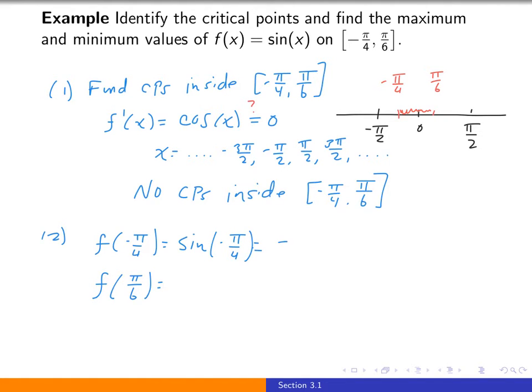This is minus 1 over root 2. Pi over 6 is also a common value for sine. Sine of pi over 6 is the number 1/2. So we have a minimum value corresponding to the input minus pi over 4, and a maximum value corresponding to the input of pi over 6.